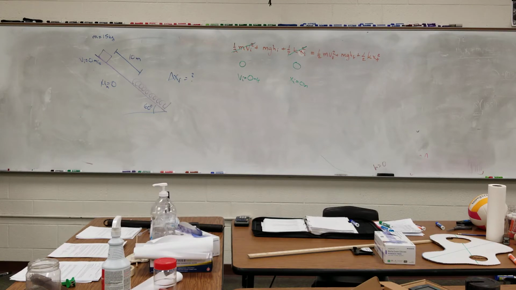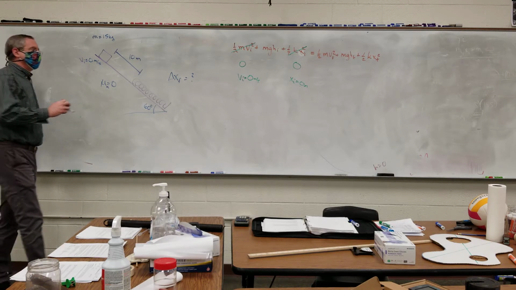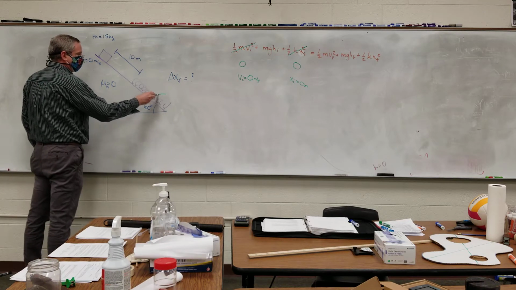There's one more definitely we can make 0. And then another one that we might or might not want to, depending on how your brain is working at the moment. Can we make the final height 0 again? We can.